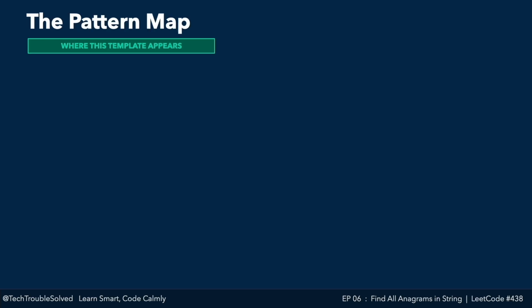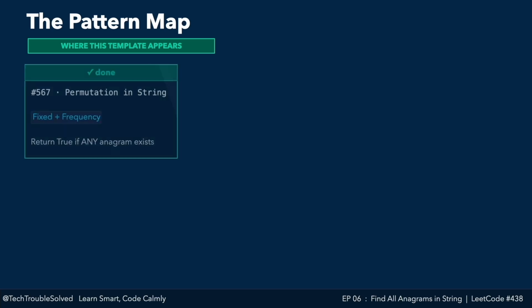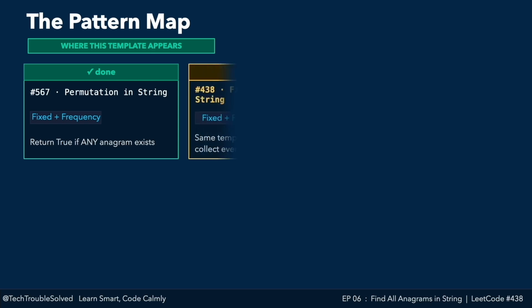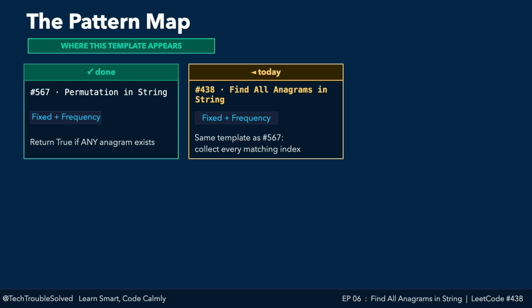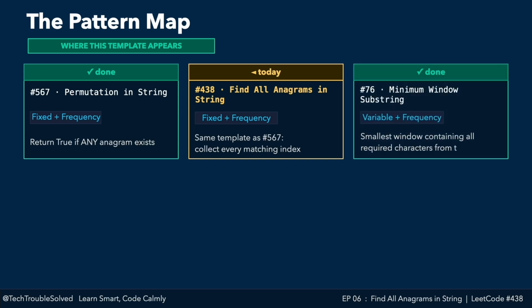Let's zoom out one more time. This template, fixed window frequency maps comparison, shows up in a whole family of problems. LeetCode 567, permutation in string, fixed plus frequency, return true if any anagram exists, done in episode 5. LeetCode 438, find all anagrams, same fixed template, return every index, that's today. LeetCode 76, minimum window substring, variable window, frequency maps, done in episode 4.